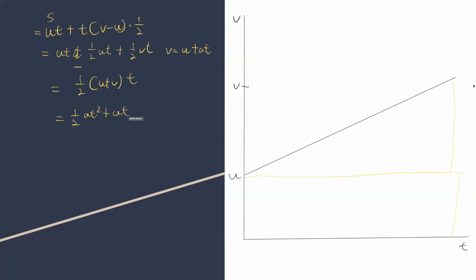And v squared equals u squared plus 2as is basically what you get when you solve the equations and eliminate t. I'm not going to derive it here though. It's quite intuitive. Let's move on to some problem solving strategies.